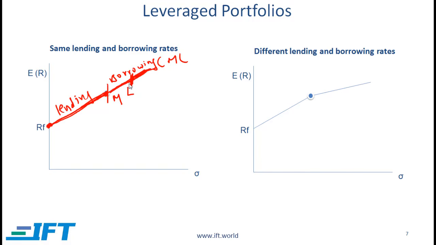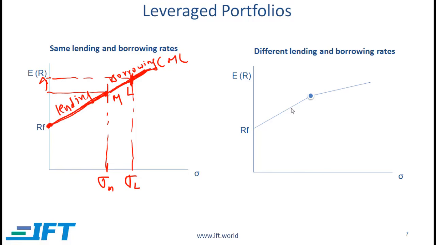When we do that, we are clearly taking more risk. As you can see, this is the risk of the market and this is the risk of the leveraged portfolio. We are taking more risk and here we are also getting a higher expected return.